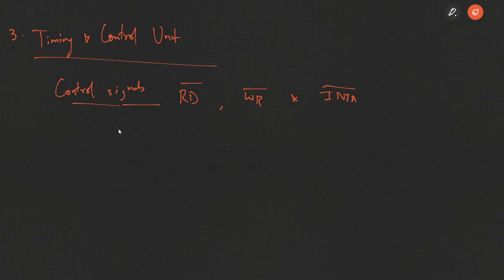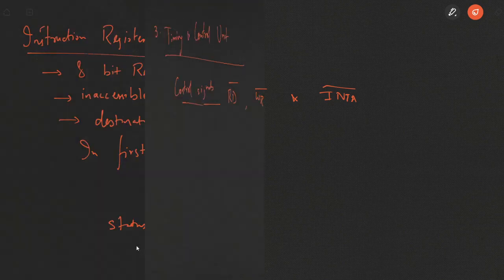In the T3 state of the opcode fetch machine cycle, the microprocessor reads the opcode and it is placed in the instruction register. From there the opcode goes to the decoder, where it is decoded in the T4 state of the opcode fetch machine cycle. Fine.